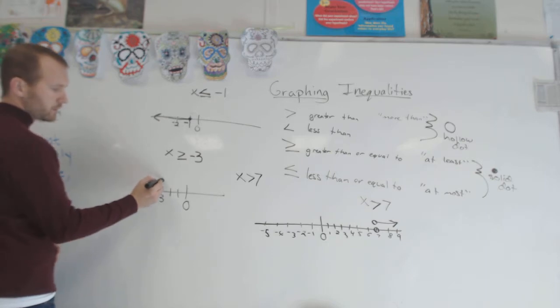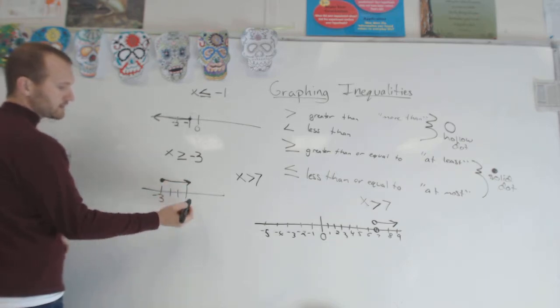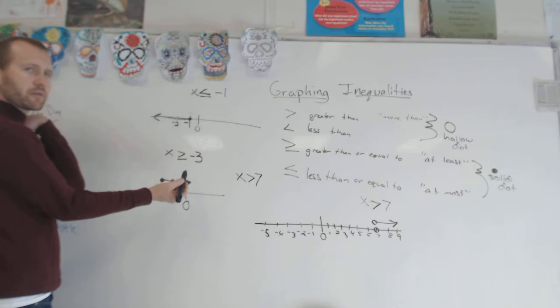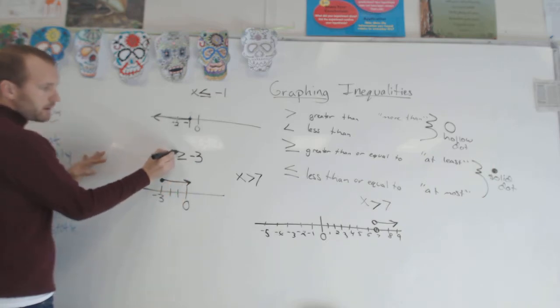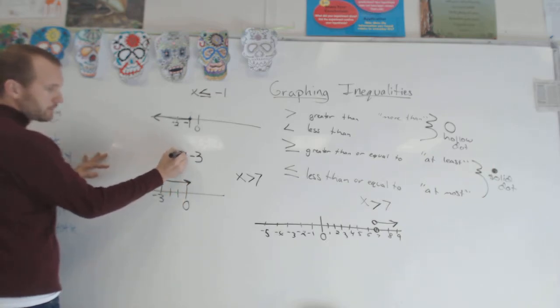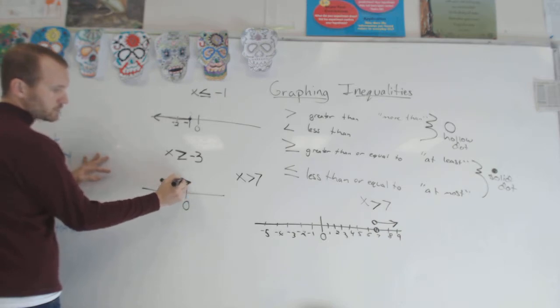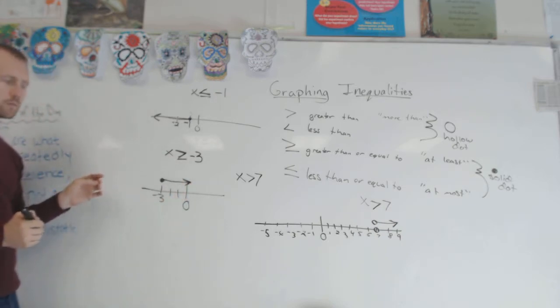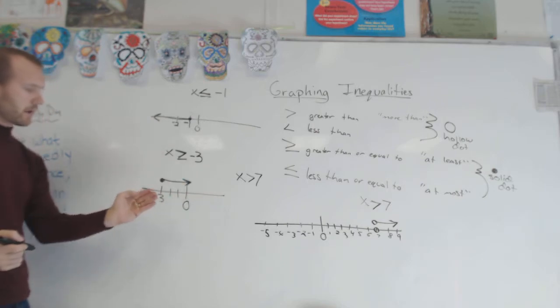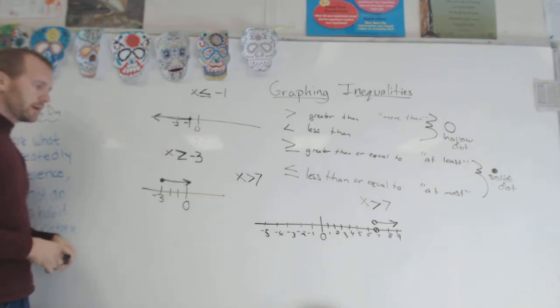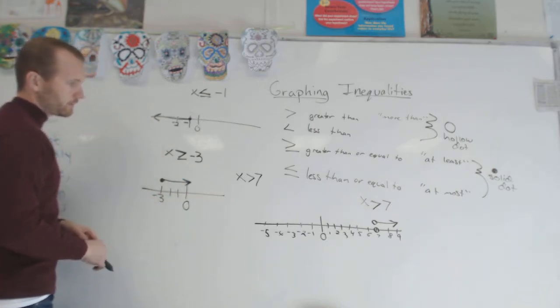Towards 0, because 0 is greater than -3. And because my arrow points this way, everything that's greater than -3, any number bigger than -3, is included.